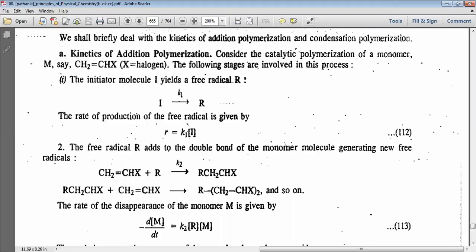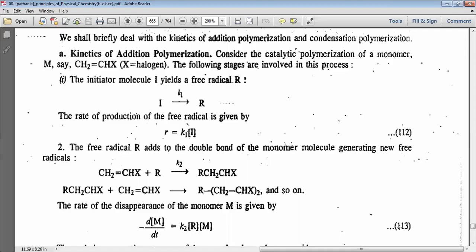Similarly, here a new radical is generated, then the new radical adds to another unreacted monomer, and finally it forms R CH2 CHX whole 2, and so on.